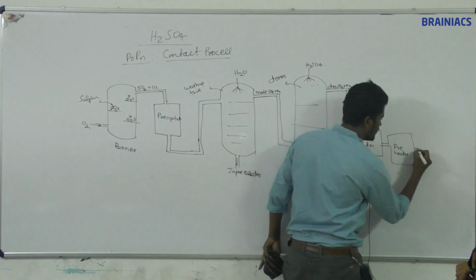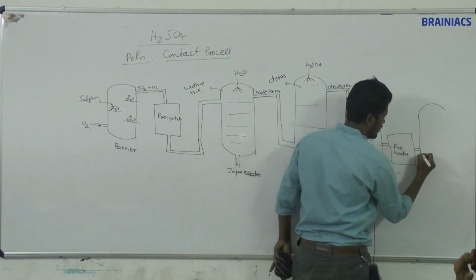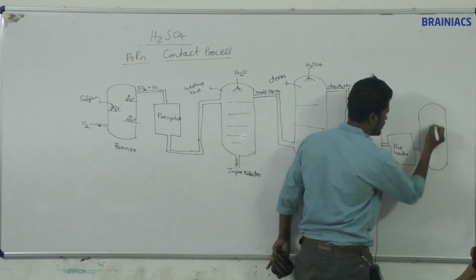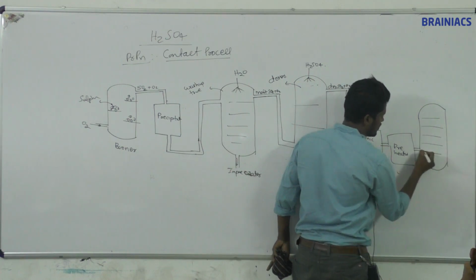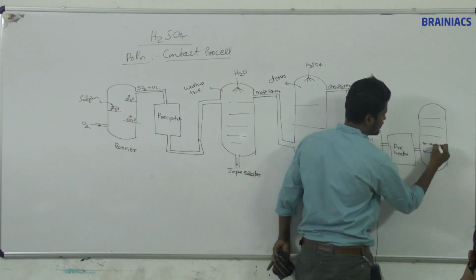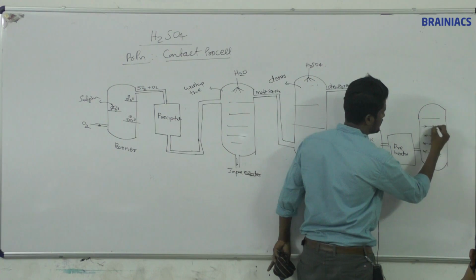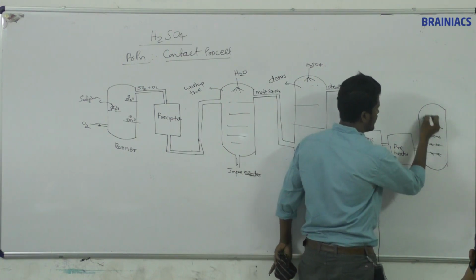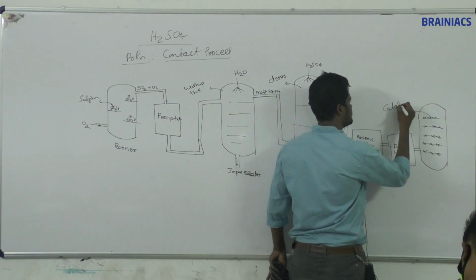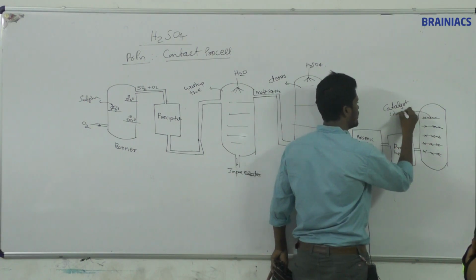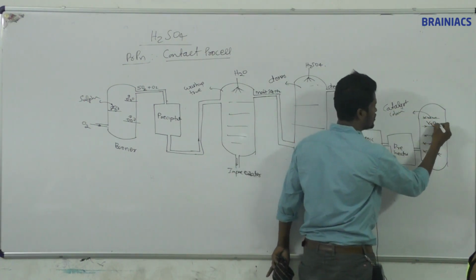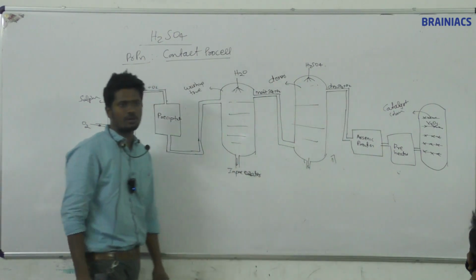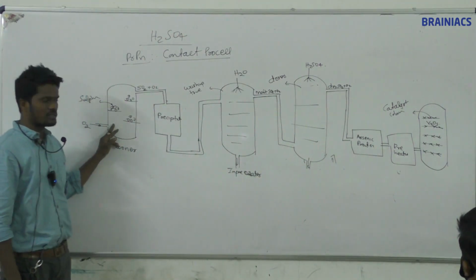Then the absorption tower, and the catalyst column. What is here? V2O5. What is the first process? Burning sulfur.